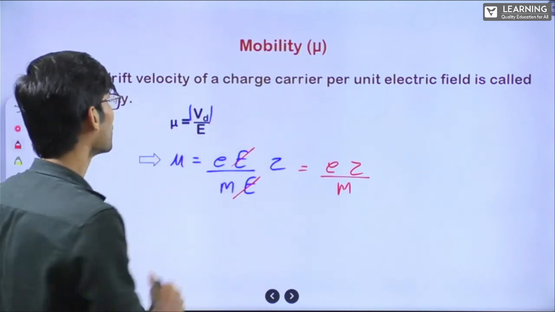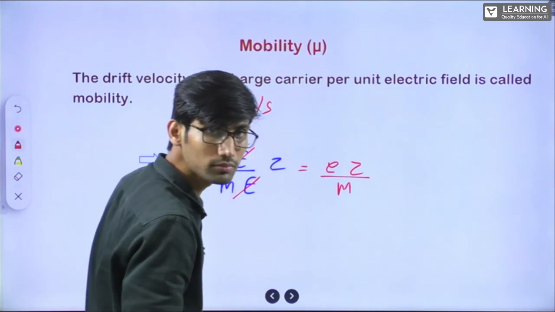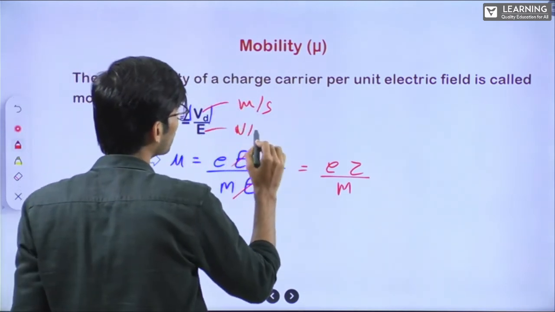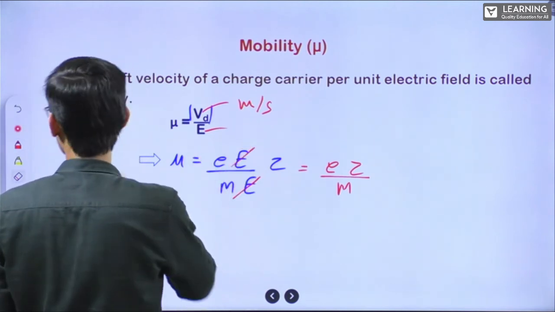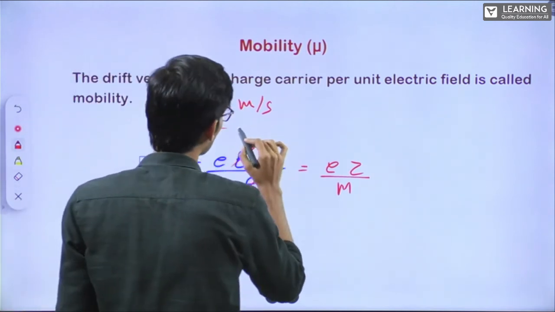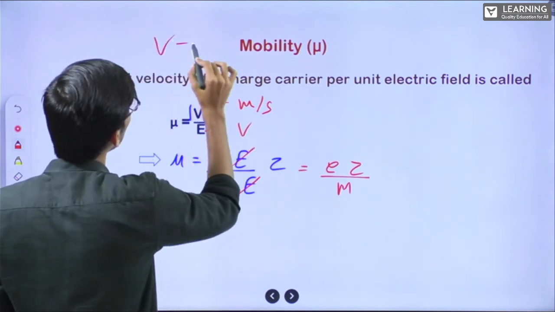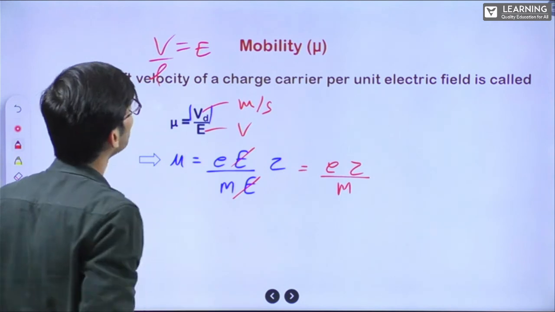From here, if you see, this is meter per second. Q is equal to, this is Newton per Coulomb. Correct? Or in terms of voltage, if you want to write, this is volt. V is equal to E into L, E is equal to V by L. What is this?